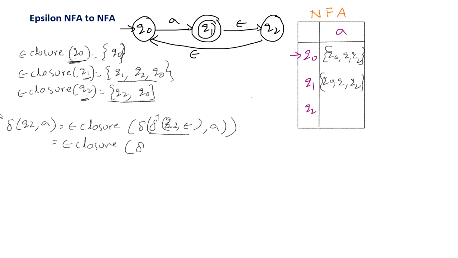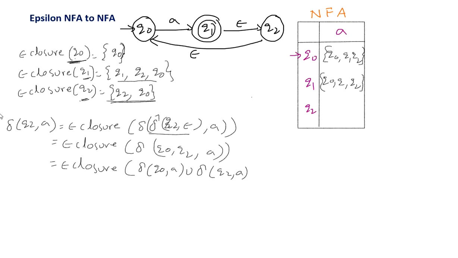Epsilon closure of Q2 is Q0, Q2, on A we need to calculate. For that, delta of Q0, Q2 on A means delta of Q0 on A union delta of Q2 on A.